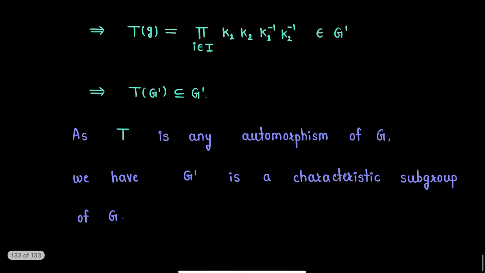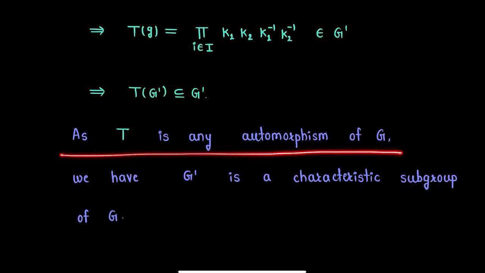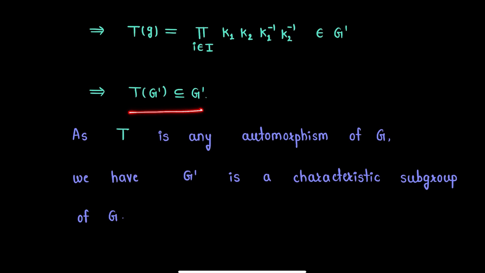Now since T is any automorphism of group G, which is arbitrary, we have T(G') is a subset of G' for all automorphisms T of group G, and therefore by the definition of characteristic subgroup we have G' is a characteristic subgroup of group G, and this proves our result.